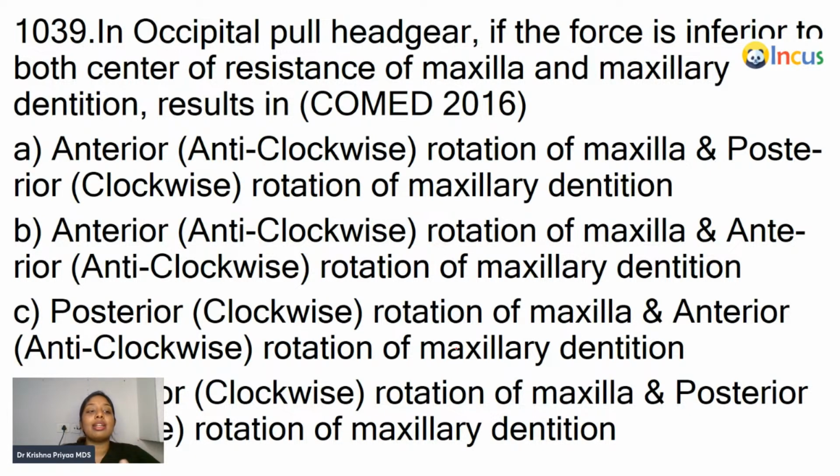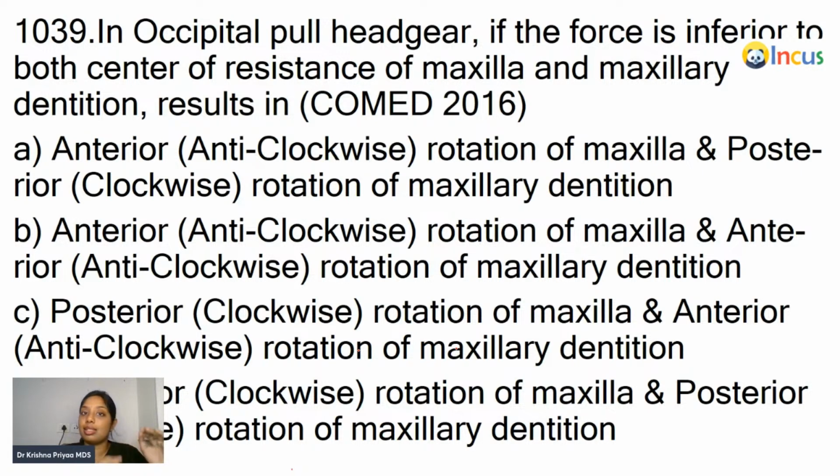Without seeing the answer, it will confuse you. What will happen if it is below, right? Then there will be a downward rotation. So the answer will be posterior clockwise rotation of the maxilla and posterior clockwise rotation of the maxillary dentition. As I mentioned, for the maxillary dentition, the center of resistance is different.